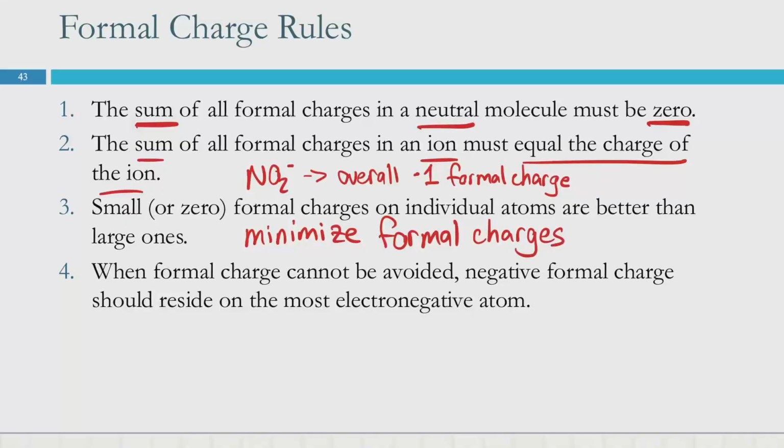Small negative charges, small positive charges. Ideally, we get zeros for everything. If formal charges cannot be avoided, negative formal charges should be on the most electronegative atom.